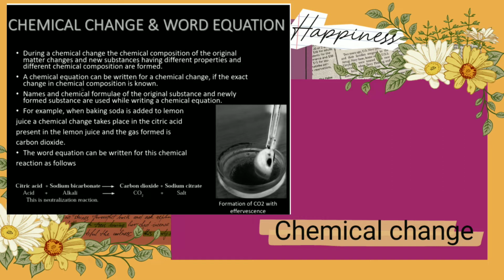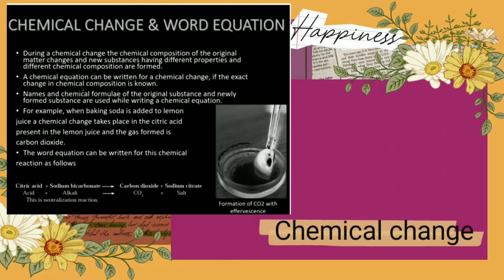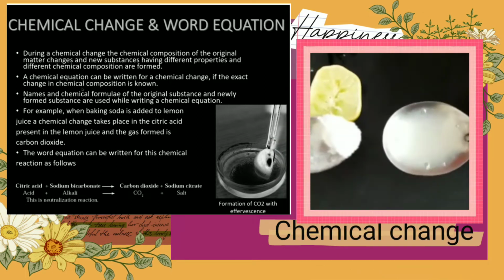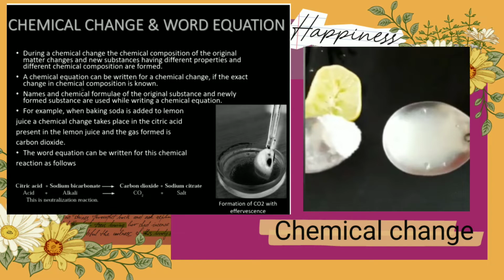Names and chemical formula of the original substance and newly formed substance are used while writing a chemical reaction. For example, when baking soda is added to lemon juice, a chemical change takes place in the citric acid present in the lemon juice and the gas formed is carbon dioxide.